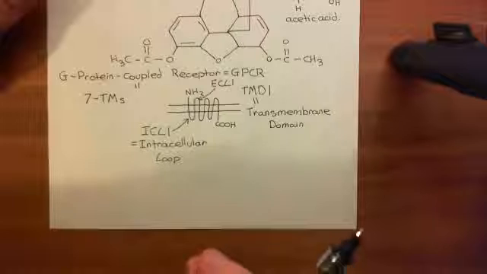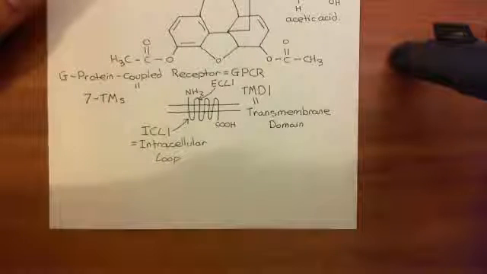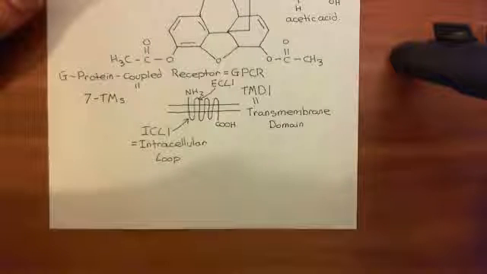We do not understand why this 7 transmembrane domain structure is so special, but nature seems to have found that it was brilliant and just latched onto it and run with it, basically. We don't understand what the significance of the 7 transmembrane domains is, but there seems to be something fantastic about having 7 membrane-spanning alpha helices because it has been used so much.